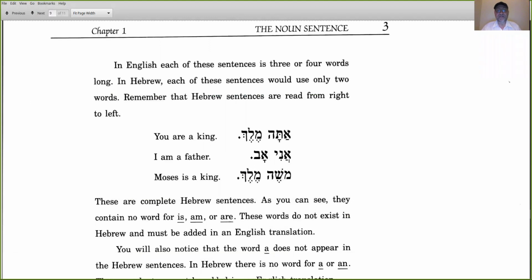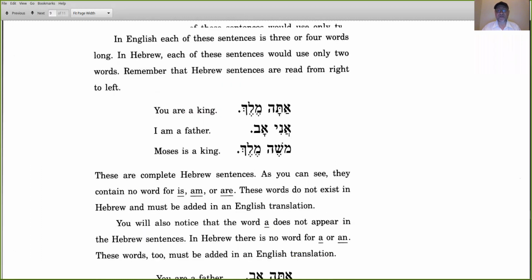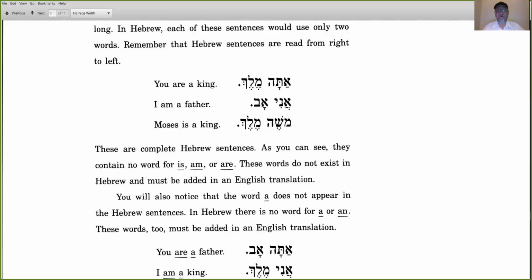In English, each of these sentences is 3 or 4 words long. In Hebrew, each of these sentences would use only 2 words. Remember that Hebrew sentences are read from right to left. Okay, so to say you are a king, in Hebrew, you simply write Ata Melech.